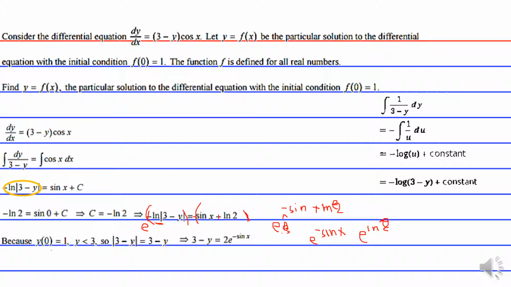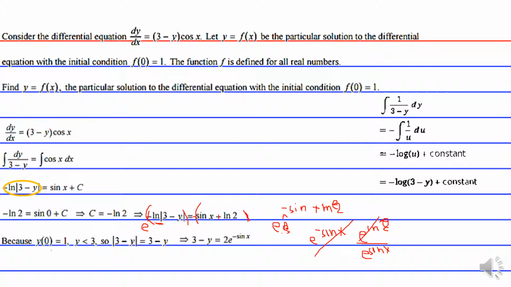And now we have the same base, and when it's negative, that can just be written in the denominator. So that can just become e to the natural log of 2 over e to the sine of x. Okay, we got rid of that negative sign.